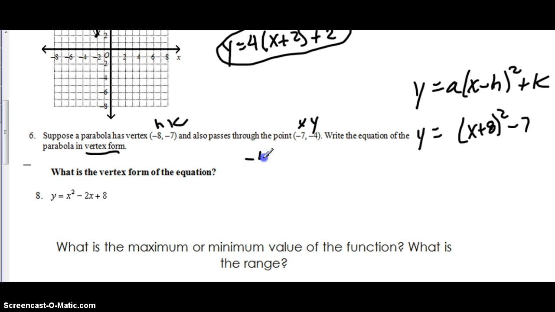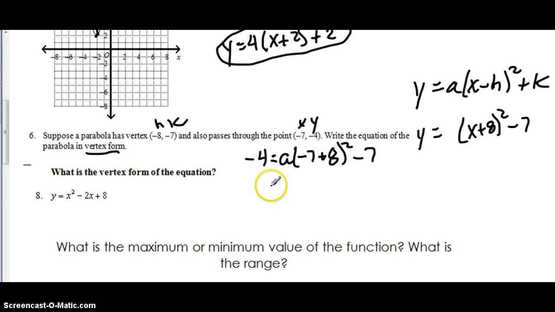So we're going to rewrite the vertex form. Y equals a times x plus 8, whole thing squared, minus 7.